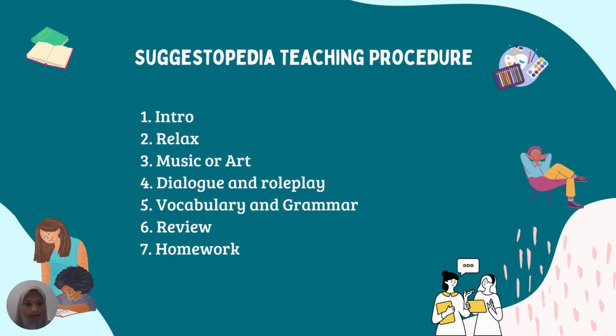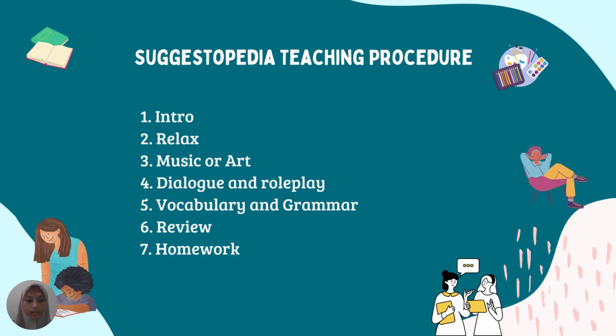And then the third is music and art. The teacher plays background music, which has been specially chosen to help create a positive and relaxed atmosphere. The teacher may also display visual aids such as images related to the lesson topic or artwork related to the music being played.